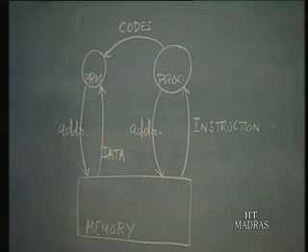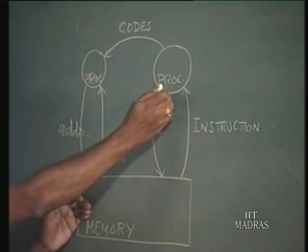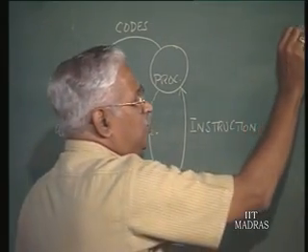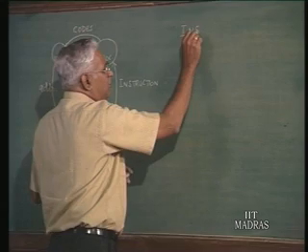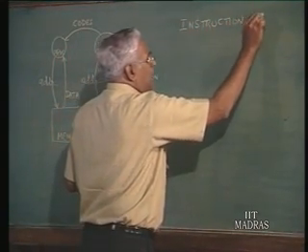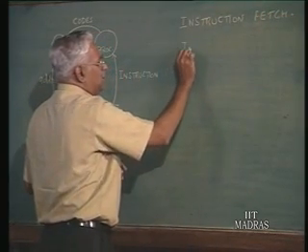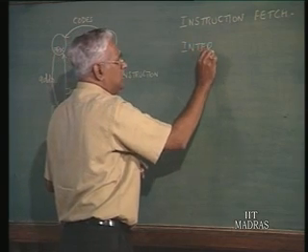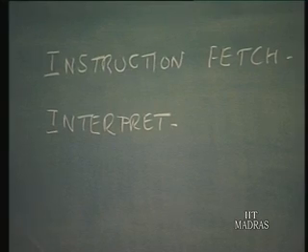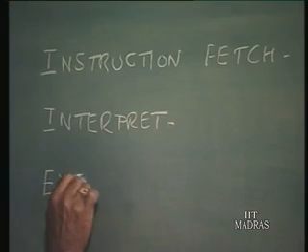Now, the processor is accessing the memory, gets the instruction, that is our basic cycle. We said earlier, the instruction cycle consists essentially of fetching the instruction, that is the first phase, and then interpreting or decoding that particular instruction, and in that process it will internally generate the necessary codes, and then it goes into the execution phase.